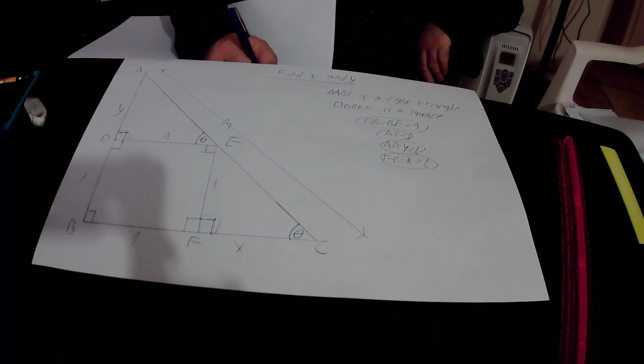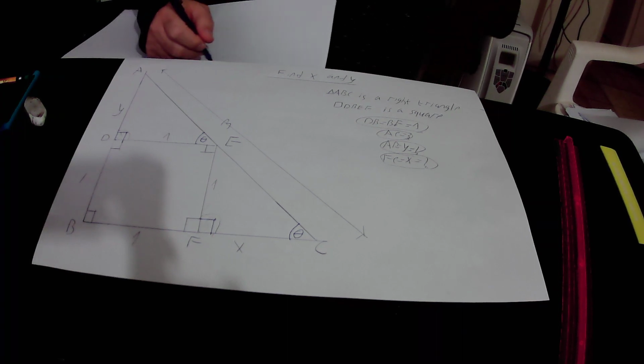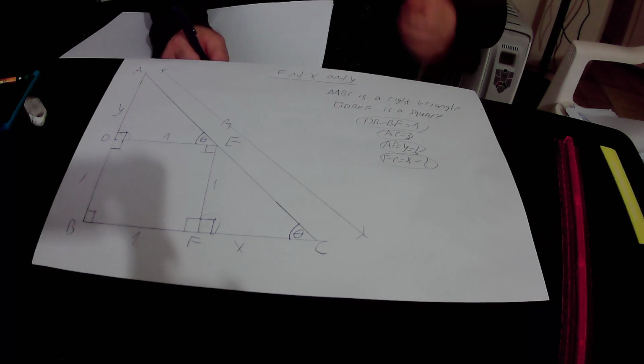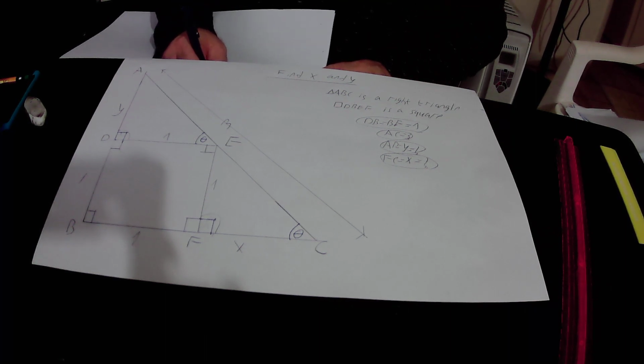The coefficients of our specific quadratic equation are as follows: a equals 1, b equals 2, and c equals minus 9.